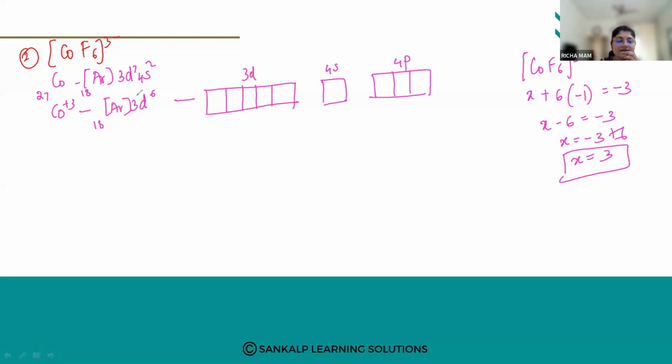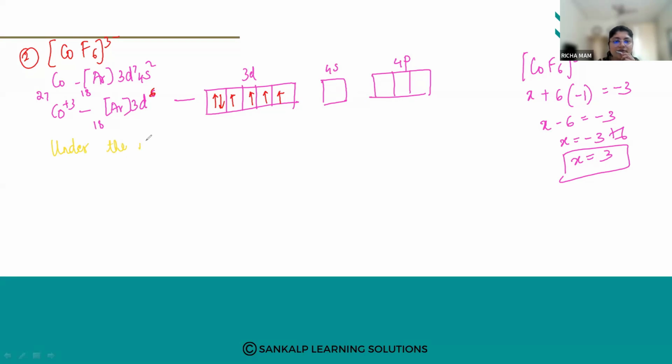How many electrons are there? 6 electrons are there. So again 1, 2, 3, 4, 5 and 6 electrons. This is the cobalt. Now we have written the electronic configuration for cobalt. Now what is the ligand? It is F, that is fluorine.